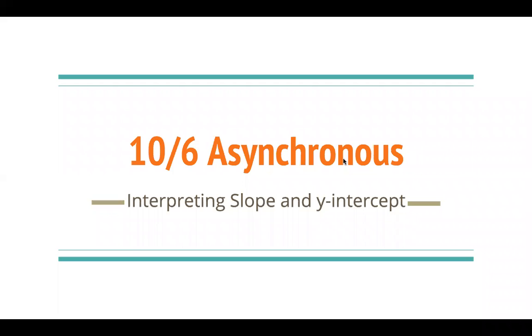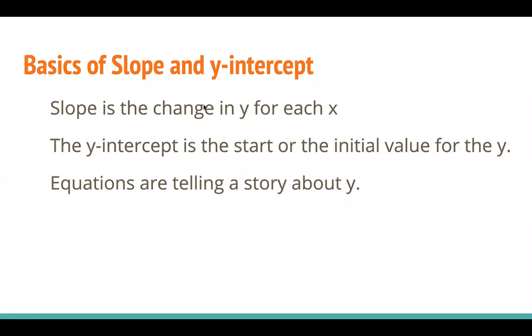This is an asynchronous assignment, and it's about interpreting slope and y-intercept when you have a context with your equation, with a linear equation. So our basics of slope and y-intercept: slope is really the change in y for each x, right? So it's delta y over delta x. And what we'll look at today is what happens when we have variables that have a name, like they're in the real world.